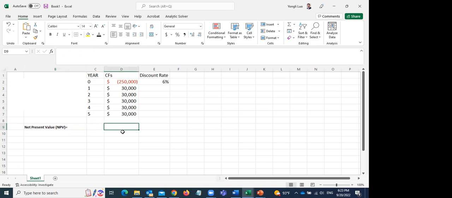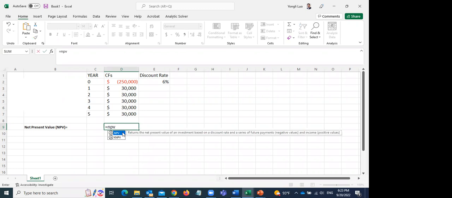I'm going to show you the formula in Excel, which is the common way we do capital budgeting using net present value. So equal to NPV.